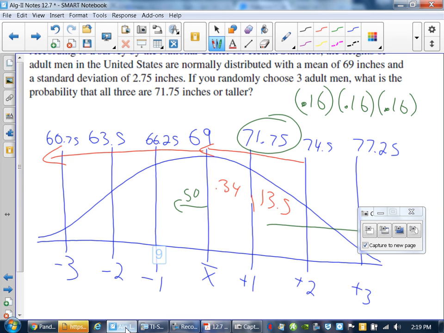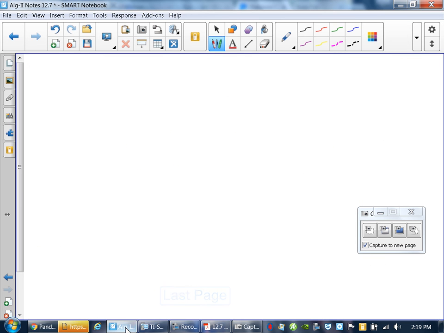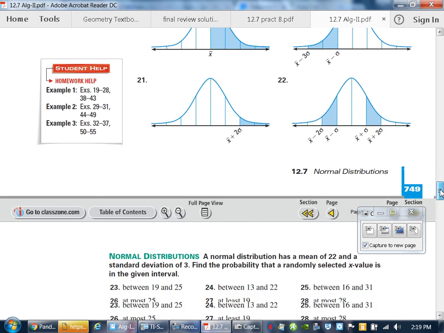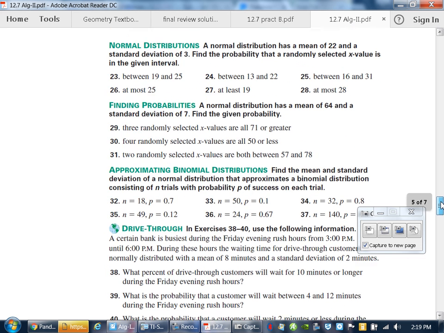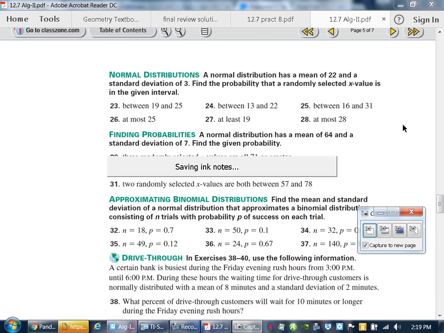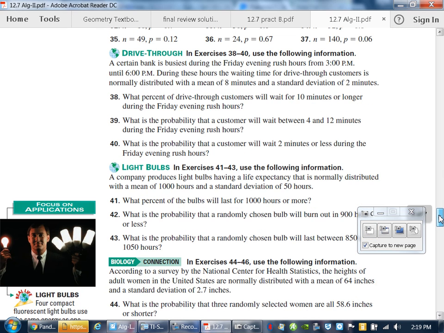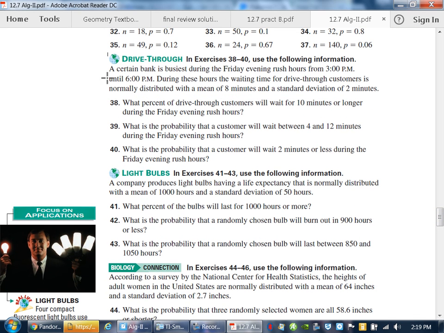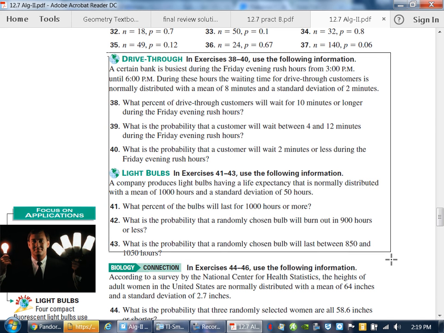I'm not going to make you calculate any of that.